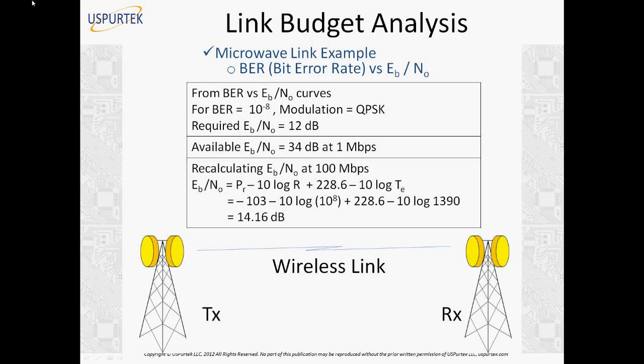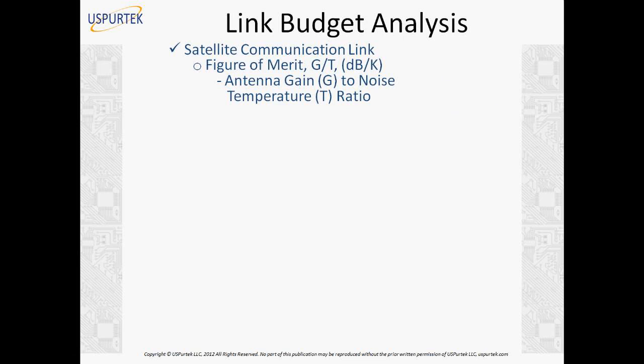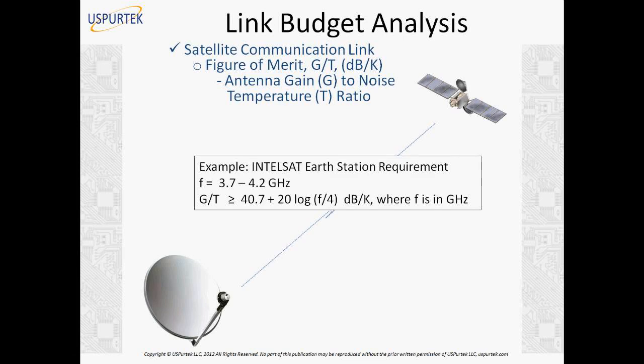Okay, let's move forward. Now, for a satellite communication link, there is another thing that comes in: figure of merit. Figure of merit is nothing but the ratio of antenna gain to noise temperature of the antenna.